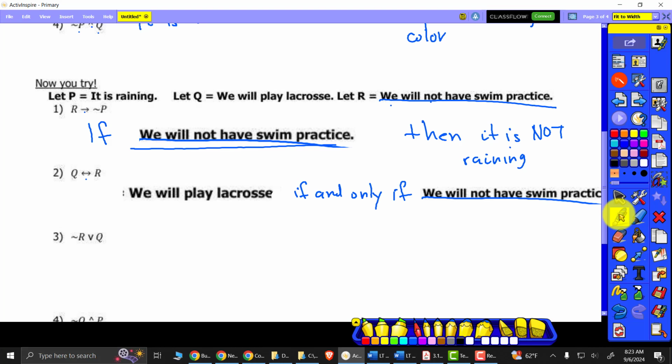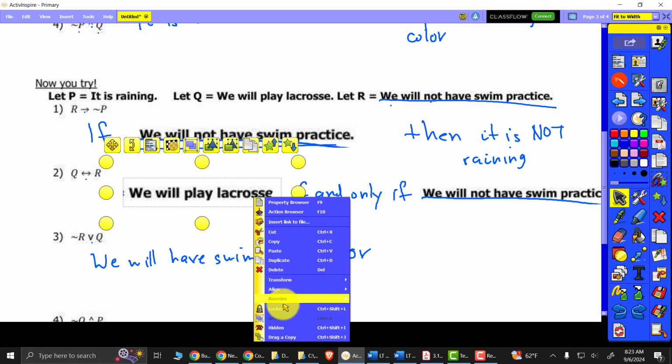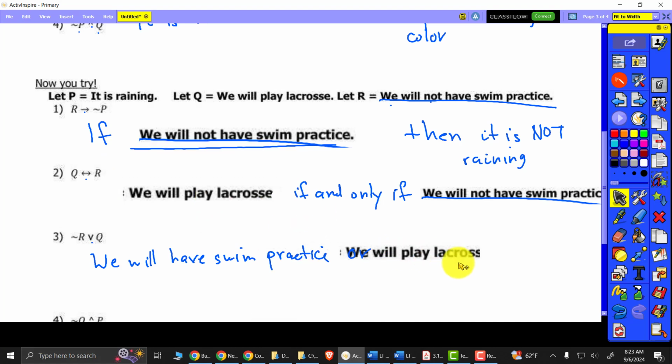So not R means we will have swim practice. That symbol is or. Q, okay, we can just copy your Q. We will play lacrosse.